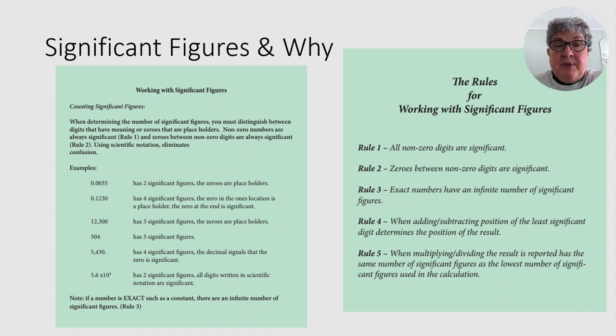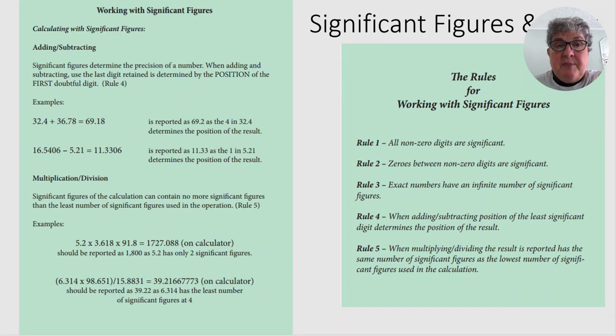So let's look at some examples. These are working with significant figures. You still have your rules here. So going into that addition, if I do 32.4 and I add 36.78, I'm actually going to report this as 69.2 because this is the number that is going to control the addition or subtraction.